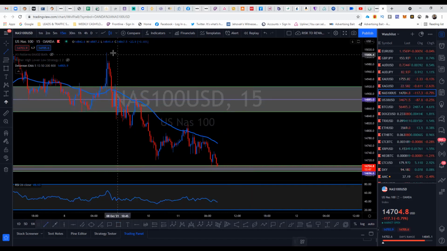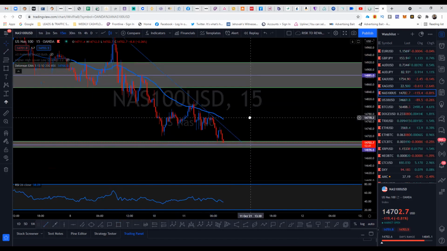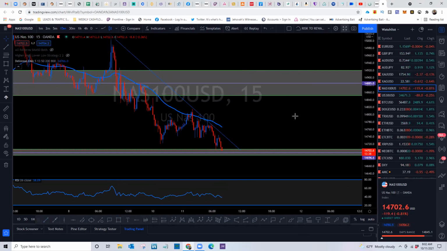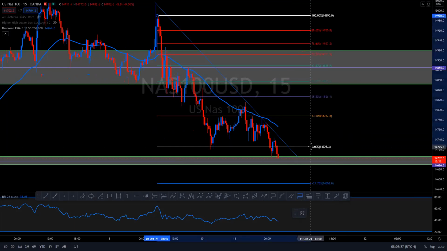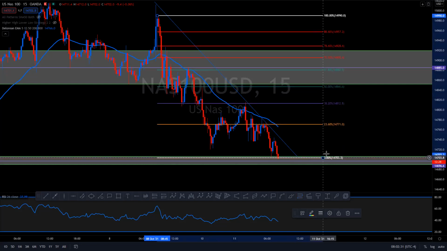But at this point, price was trending down, so we can actually see that, okay? Let's put a trend line here. Now, I'm going to go ahead and whip out my Fibonacci, figure out exactly what the price did so far, all the way to the most recent low here.